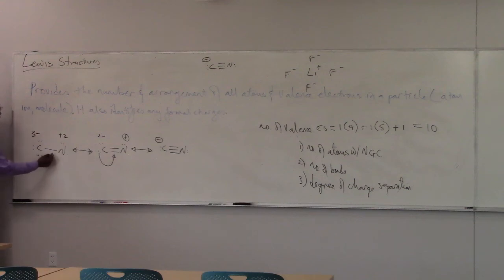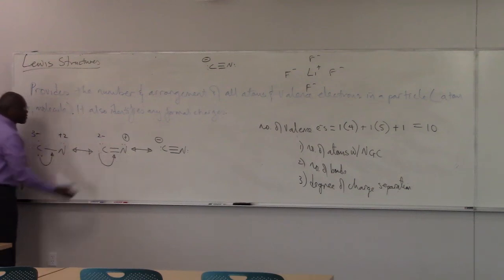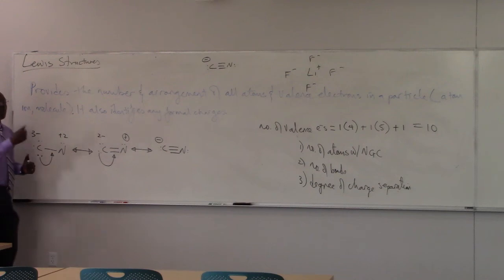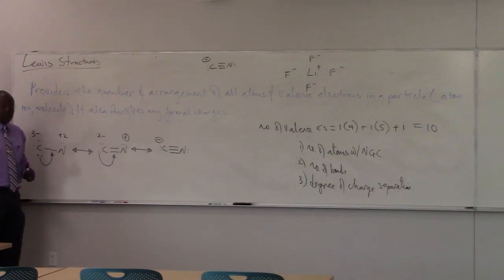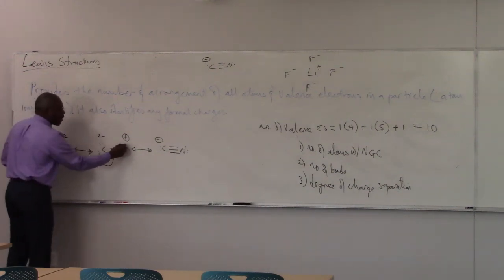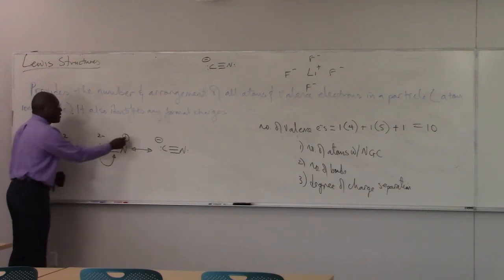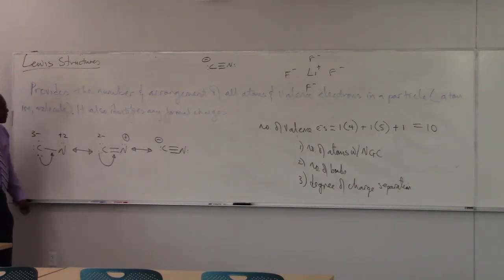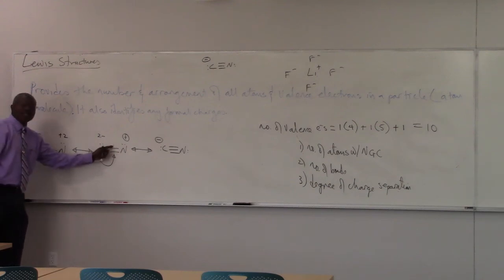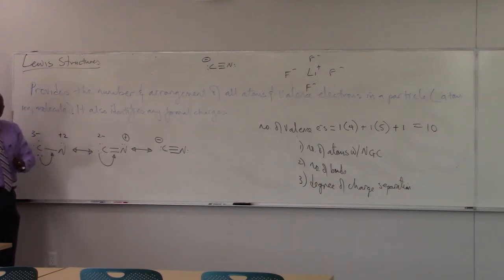When I move those electrons and I make this structure, I could go back and count how many I have, how many I should have, and see what the difference is to get the charge. I could. That's what I did here. 1, 2, 3, 4. I'm in group 5. I'm missing 1, plus charge. 1, 2, 3, 4, 5, 6. I'm in group 4. I've got 2 too many, 2 minus charge.